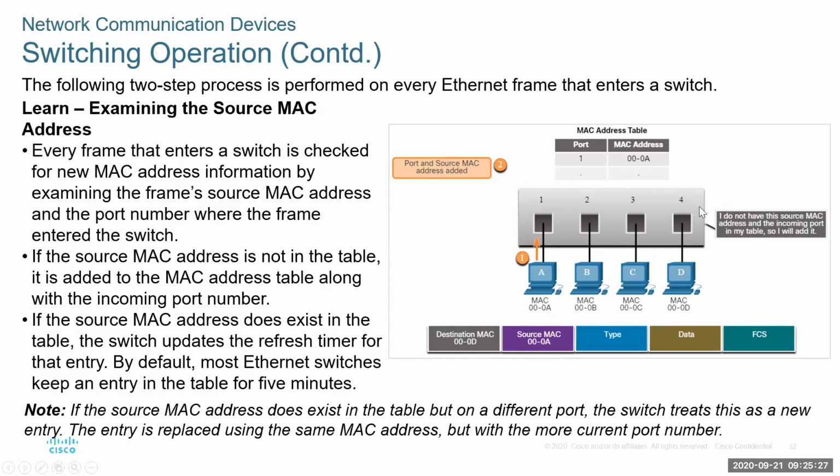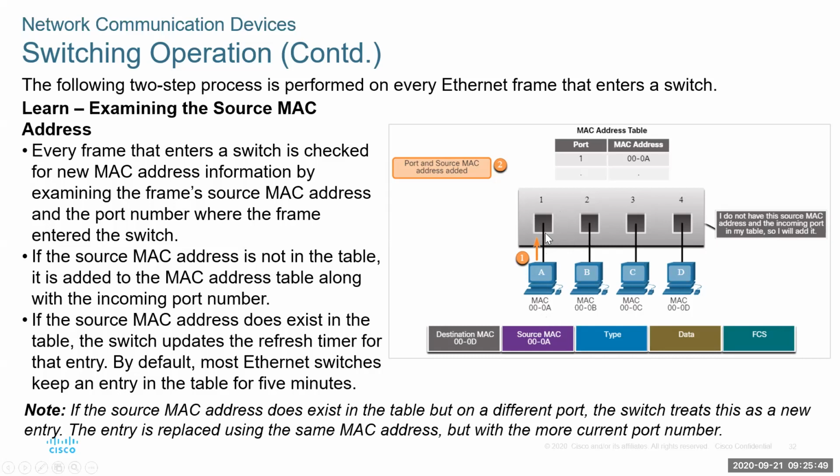In this time, you don't want to end up building a static table. The problem with a static table is if an entry is in there for too long, say PCA goes away and you connect a new PC into port 1, then you want to make sure it updates to the new PC's MAC address. You also don't want to keep the old MAC address available anymore.